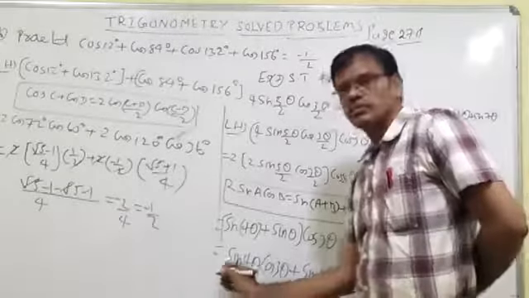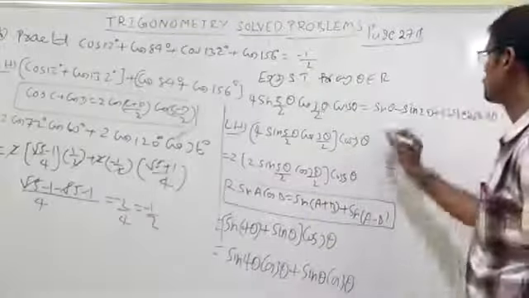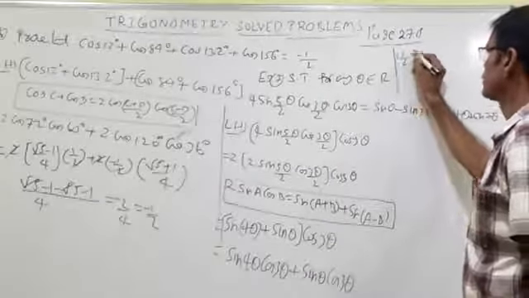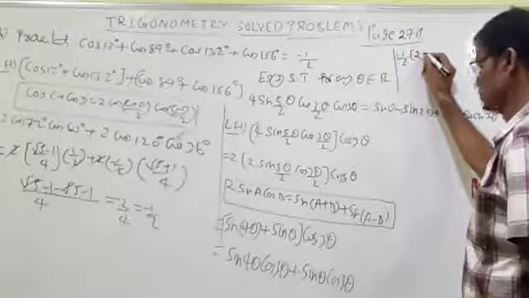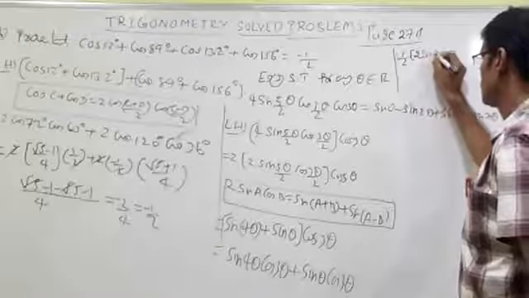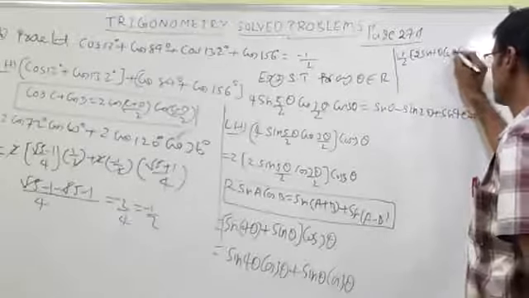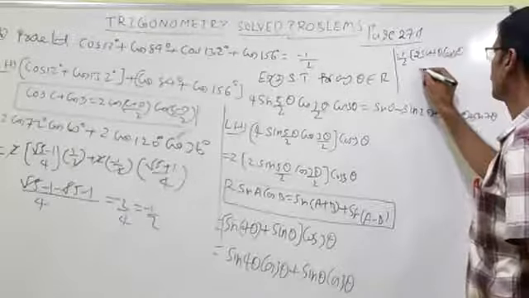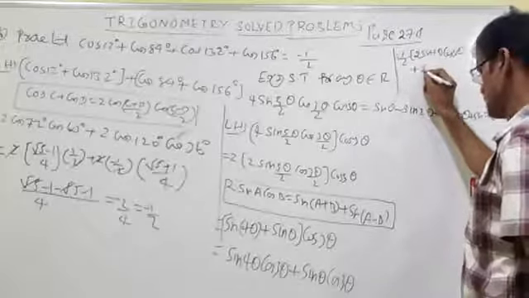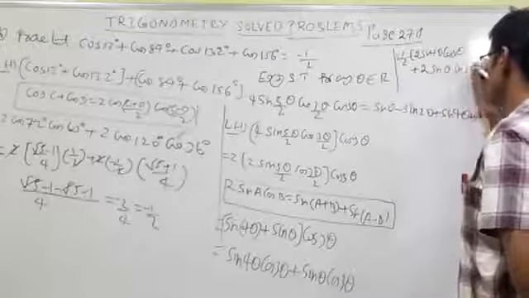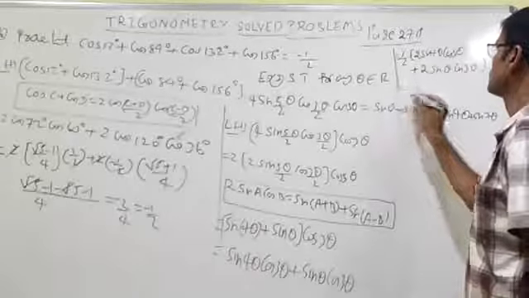Now multiply and divide with 2. That is equal to 1 by 2 into 2 sin 4 theta cos 3 theta plus again here 2 sin theta cos 3 theta.